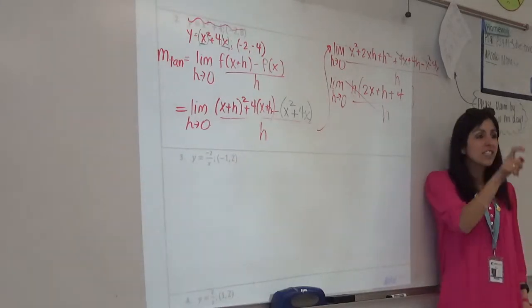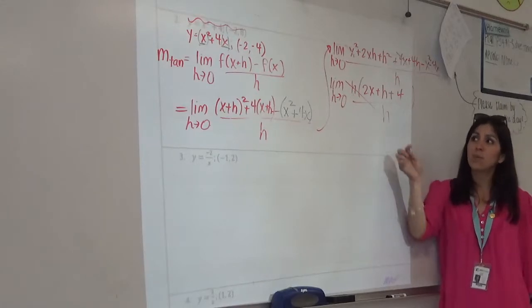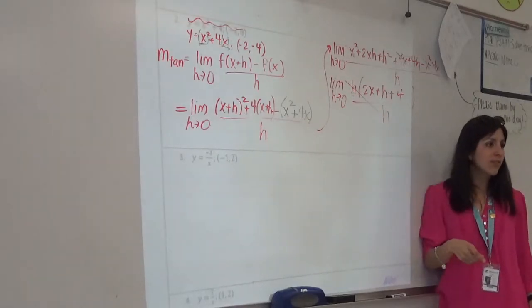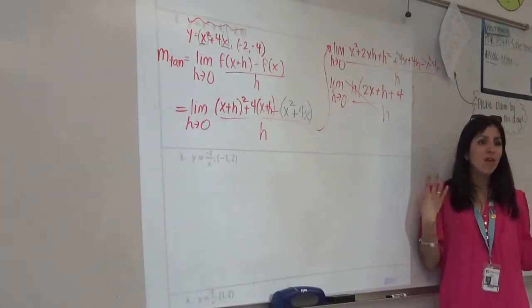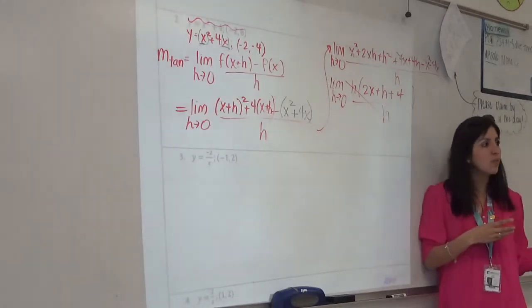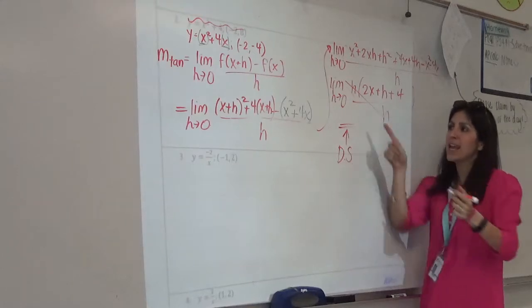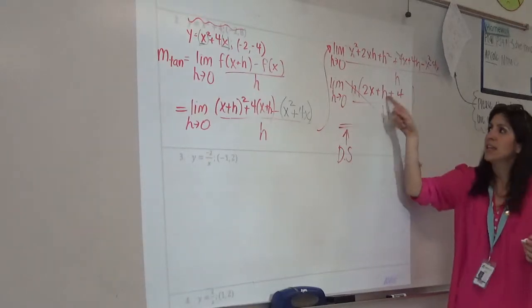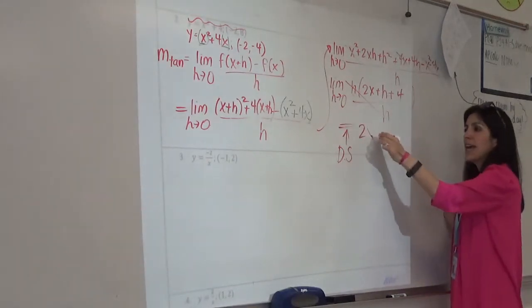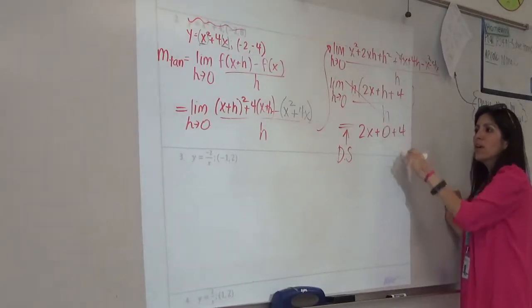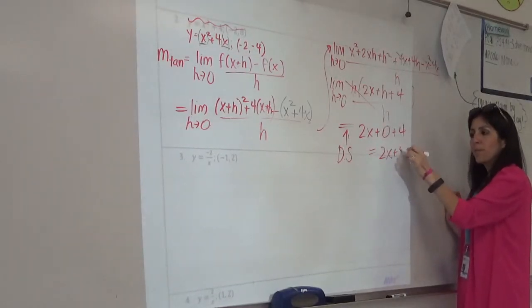And I know you get tired of me saying this, but when the h's disappear, there goes the 0 over 0. So direct sub is now a viable option for me, whereas it wasn't before. I annotate an equals with a DS, and I take everywhere there was an h and sub in a 0. That means I have 2x plus 0 plus 4, or 2x plus 4.